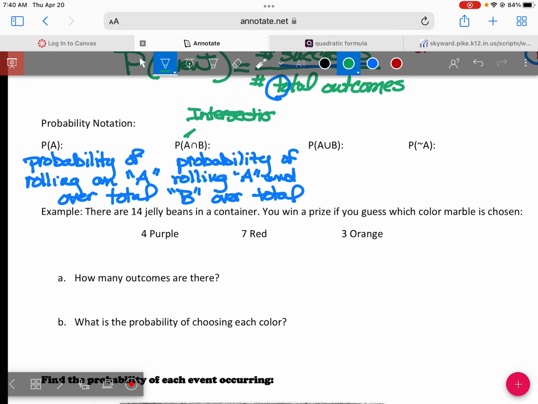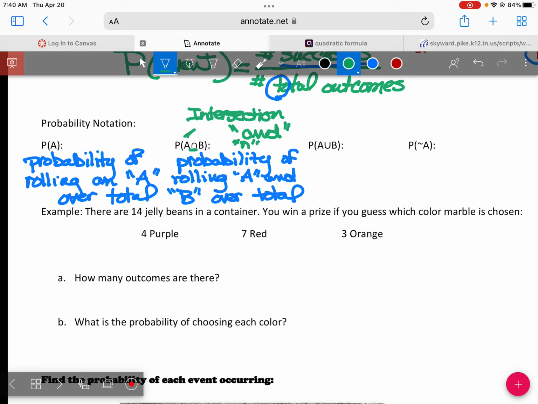So this upside down U means intersection. So the intersection of A and B, okay? And that intersection means and. All right? It means and. Also, when you look at it, it kind of looks like a lowercase n, right? Lowercase n. And when you say n fast, it's kind of like you're saying and. N. And. Rolling an A and a B, it's the intersection. All right?